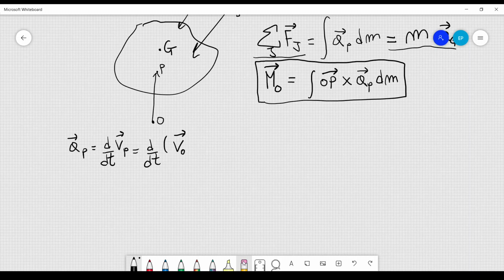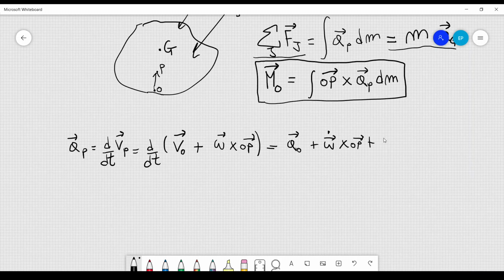So let's assume here that we have some point O which belongs to the rigid body. In this case, we can rewrite the formula like this: VO plus omega cross product OP. So when we take the derivative, we have the acceleration of the point O plus omega dot cross product OP plus omega cross product the derivative of OP.